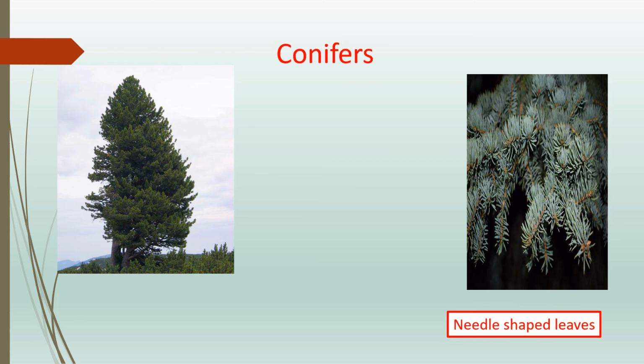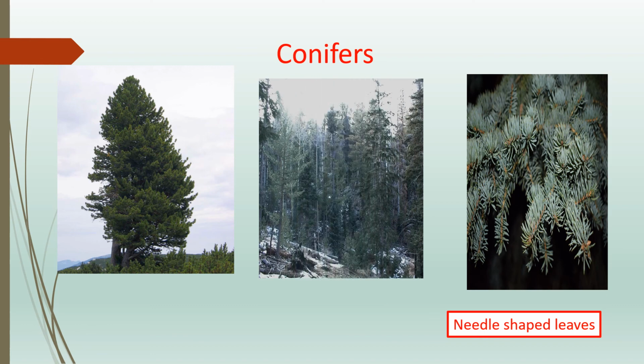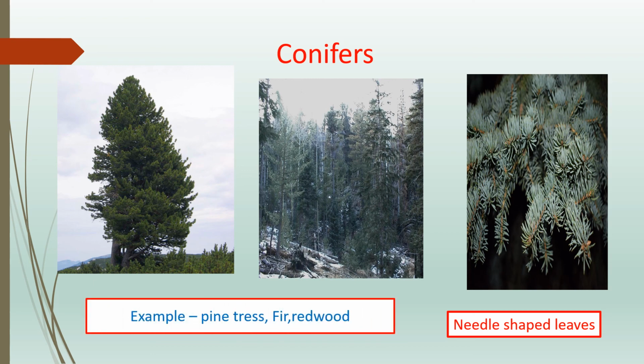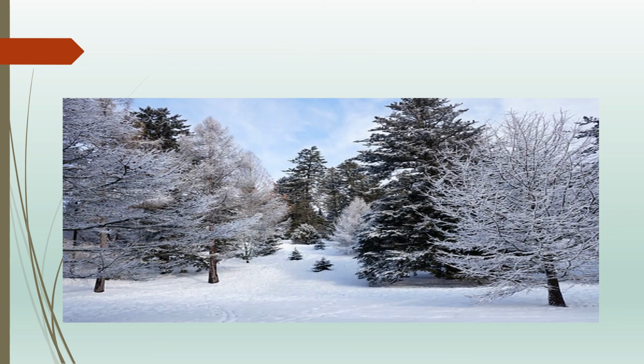These trees are also called evergreen trees because they never shed their leaves. Examples are pine trees, fir and redwood trees. Conifers like cold places, so they grow mostly in the hills, but you will see some in the plains too.